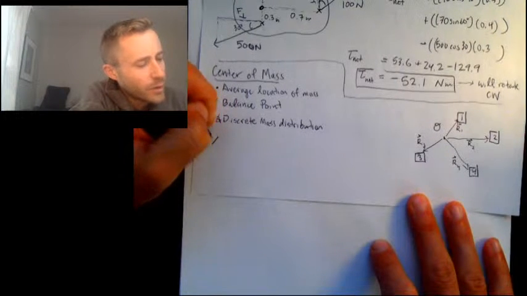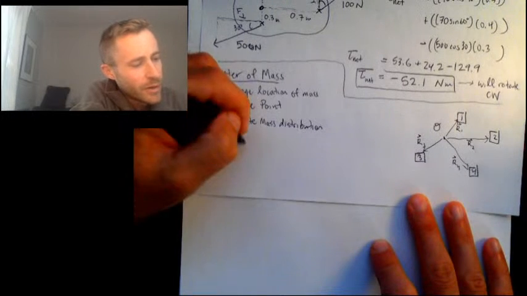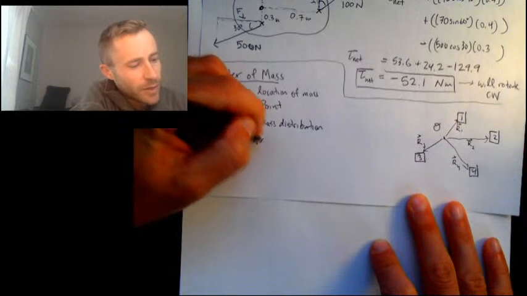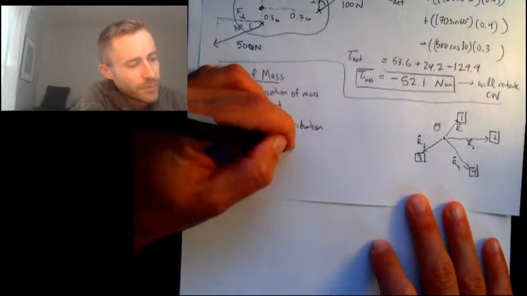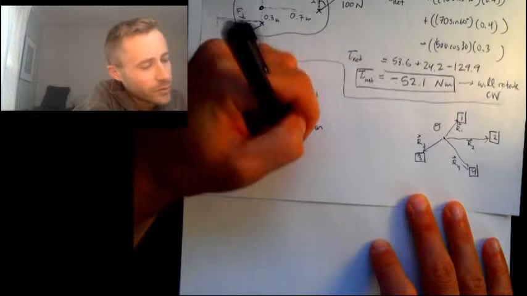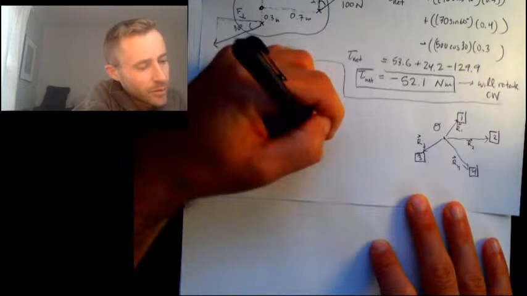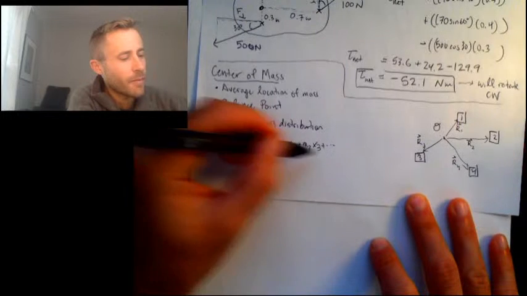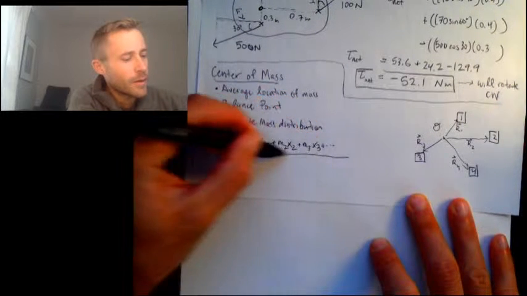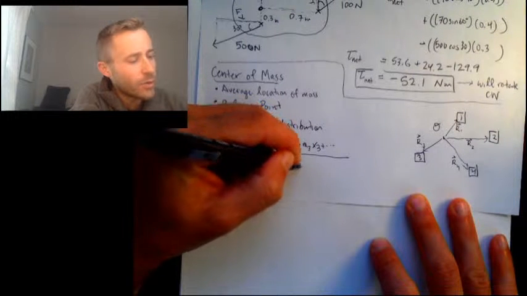So in this case, the x-coordinate of the center of mass is going to be m1 times x1 plus m2 times x2 plus m3 times x3 plus ... however many masses there are, divided by the total amount of mass.